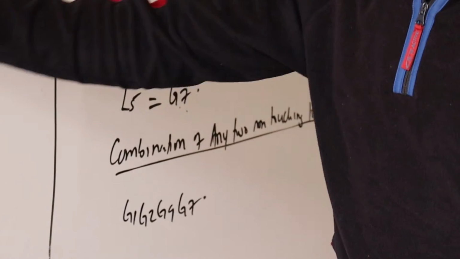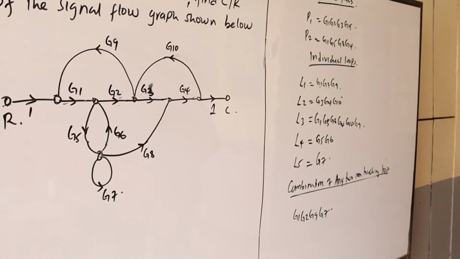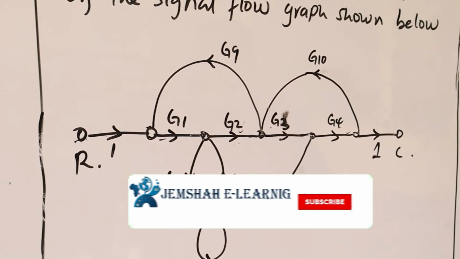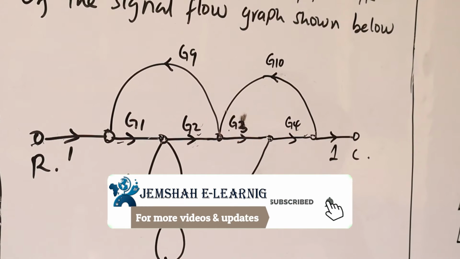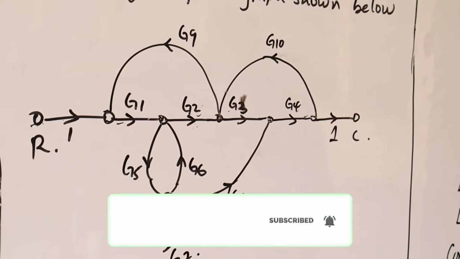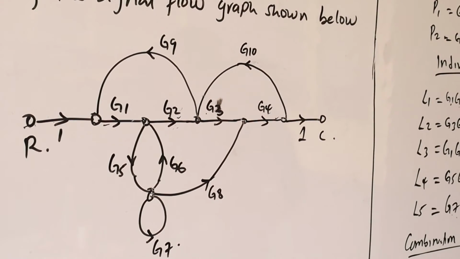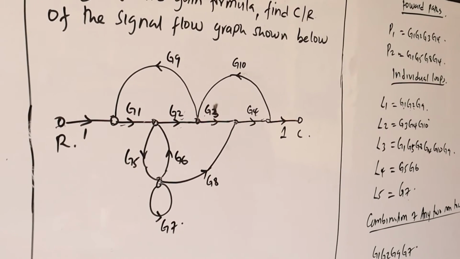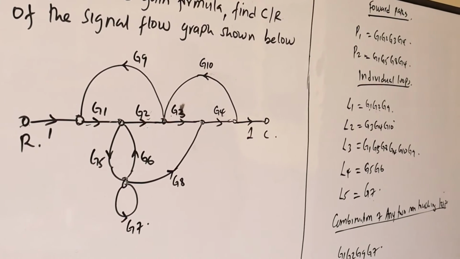We realize that they don't touch one another, and therefore we can have G3, G4, G10 and G5, G6. So those are the combinations. So we can talk of non-touching loops.